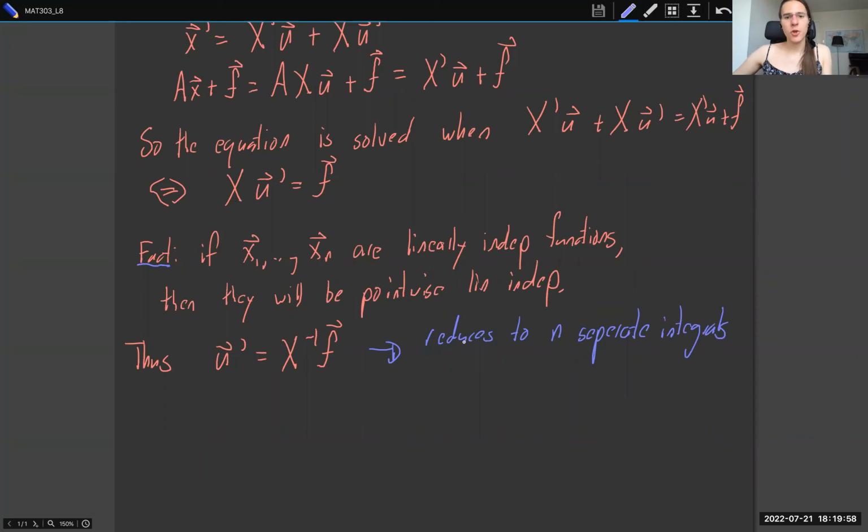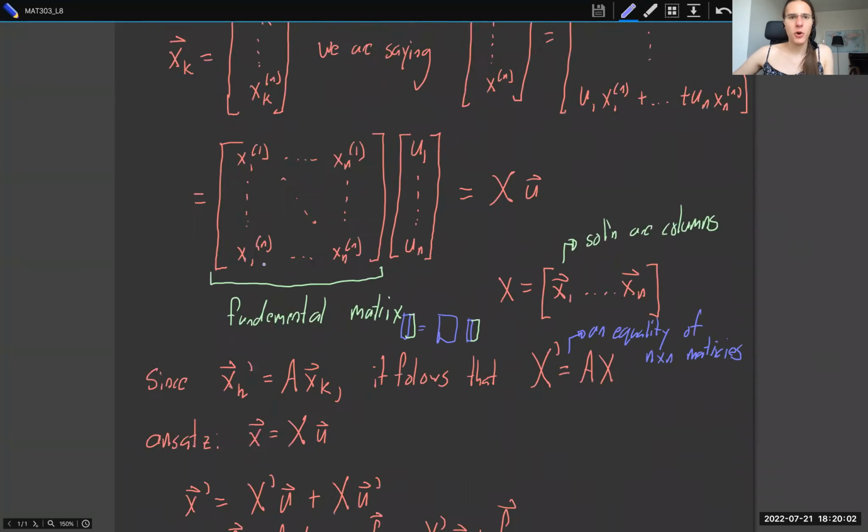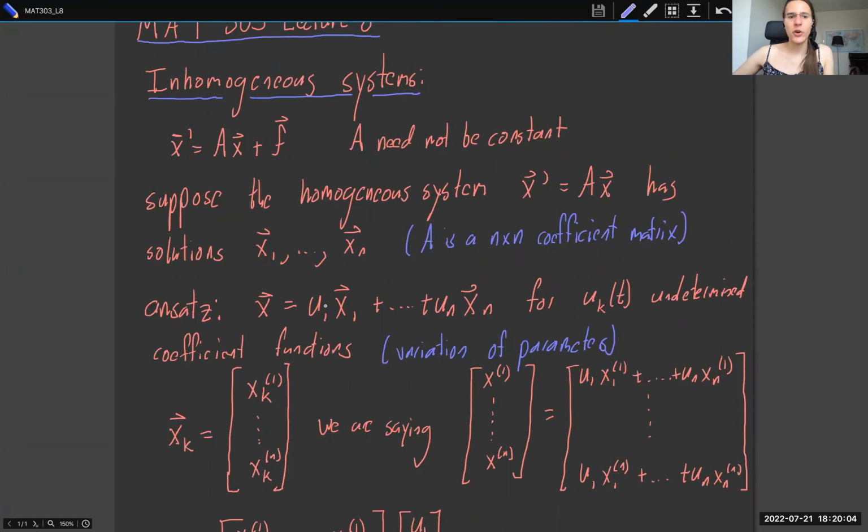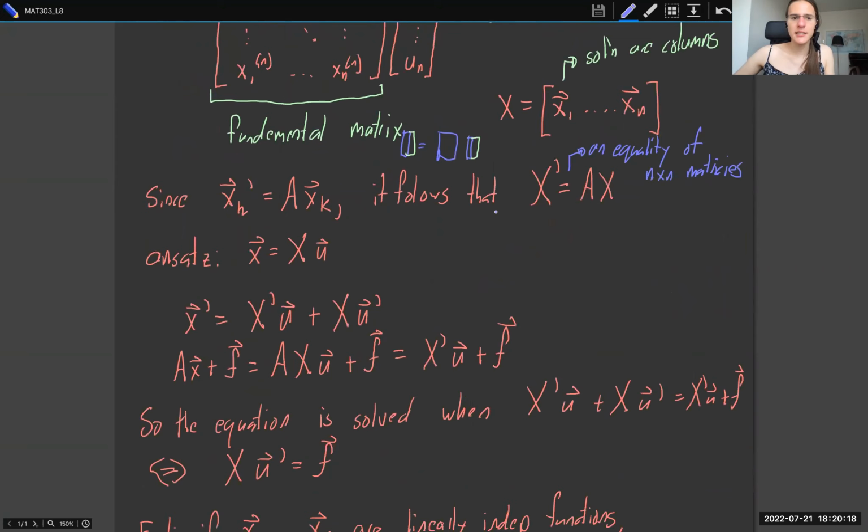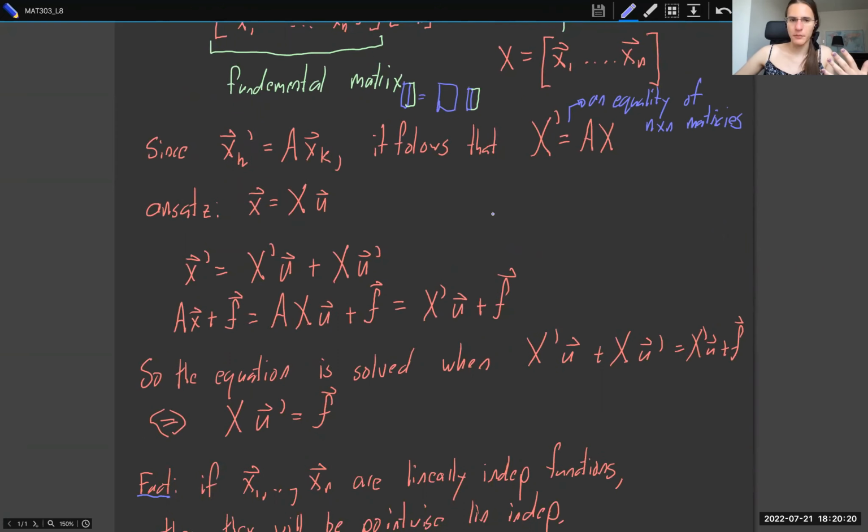And once we've solved each one of those integrals, we know what the coefficients are, and we can go back to our ansatz and notice that the integrals are going to introduce constants, and the constants are exactly going to be c times each of the solutions to the homogeneous system. So that works out as well. And this is basically the same story that we saw with just higher order linear equations, not systems.